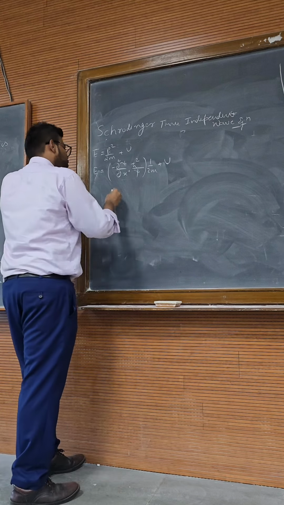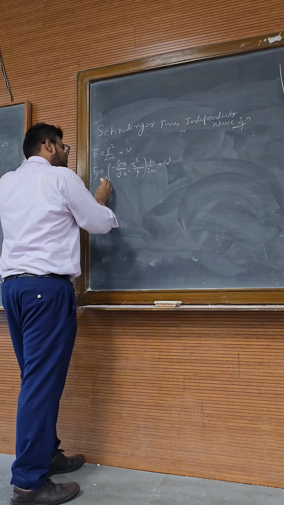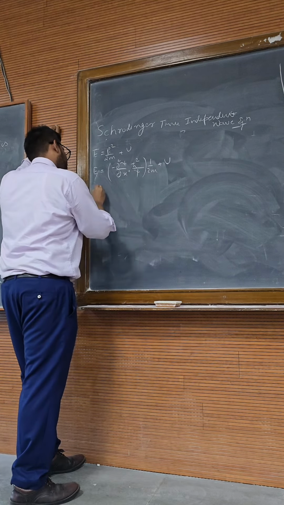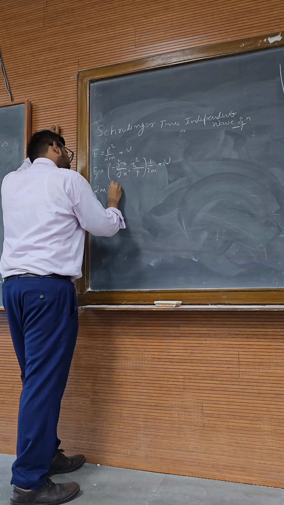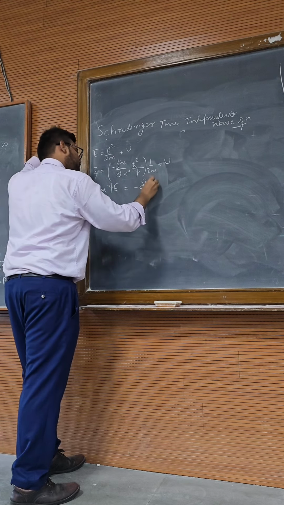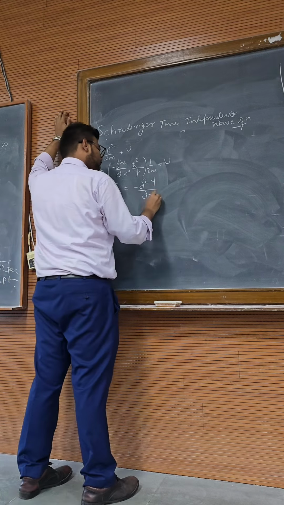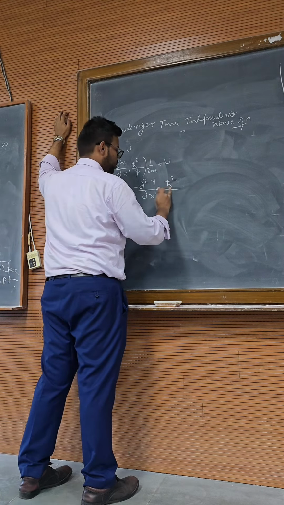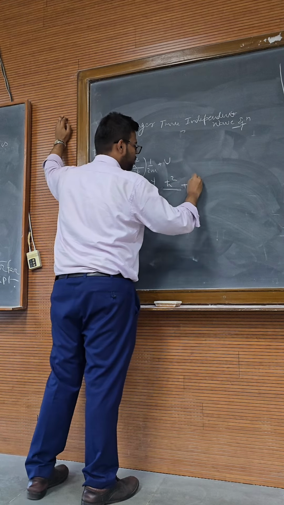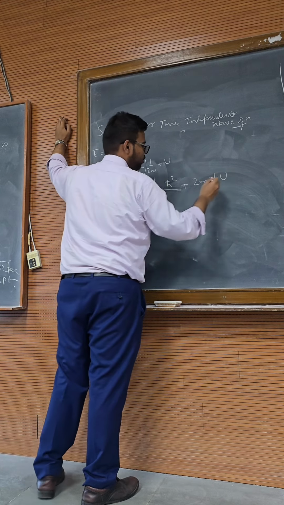So from this you can multiply by 2m both sides, and you get 2m into psi into e is equal to negative del 2 psi by del x square into h cross square, plus 2m psi into u, right?